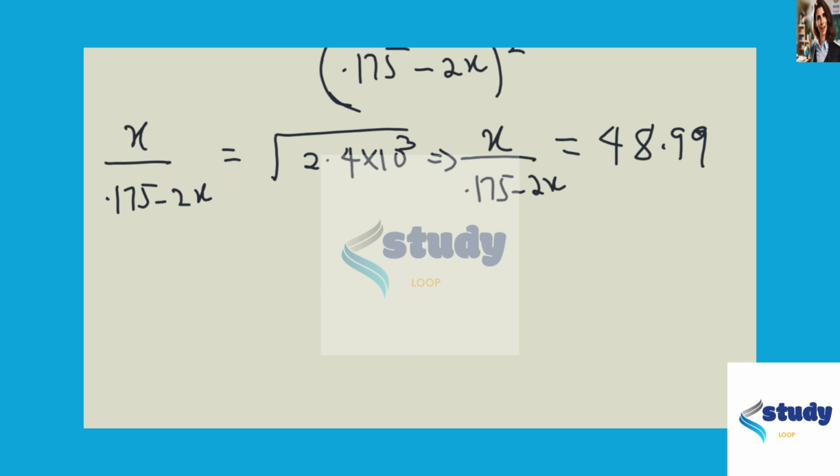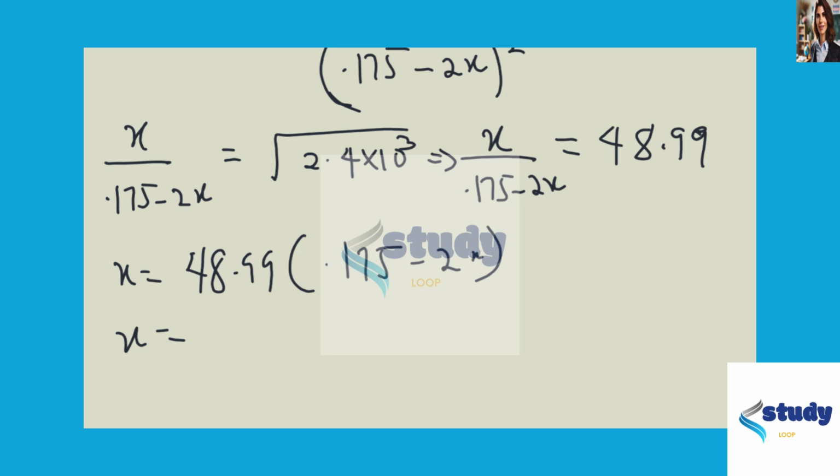And x will be equal to 48.99 times (0.175 minus 2x). If you multiply that out, here you have 8.57, sorry, minus 97.98x.